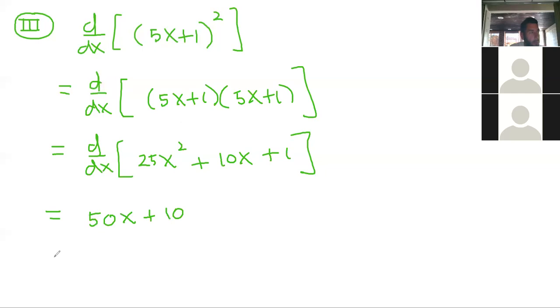And if I were to factor out the common factor, I could write this as 10 times (5x plus 1). And the reason that I'm going to rewrite the derivative is because what I'm looking for is a pattern.